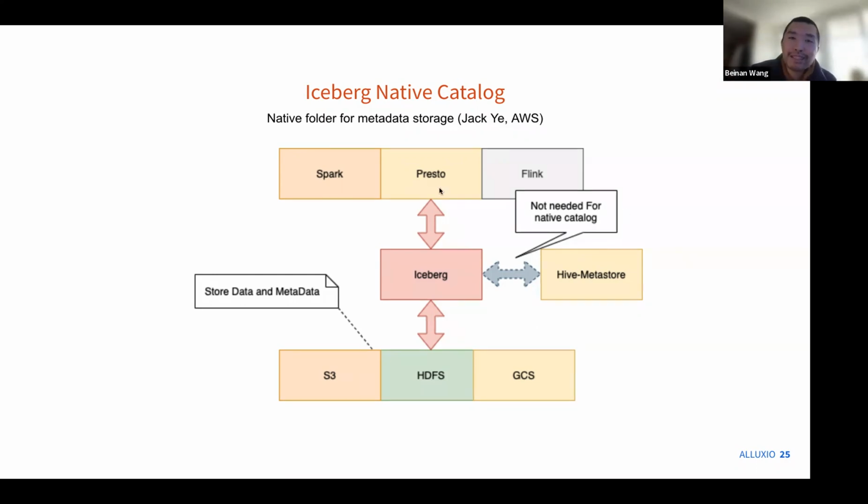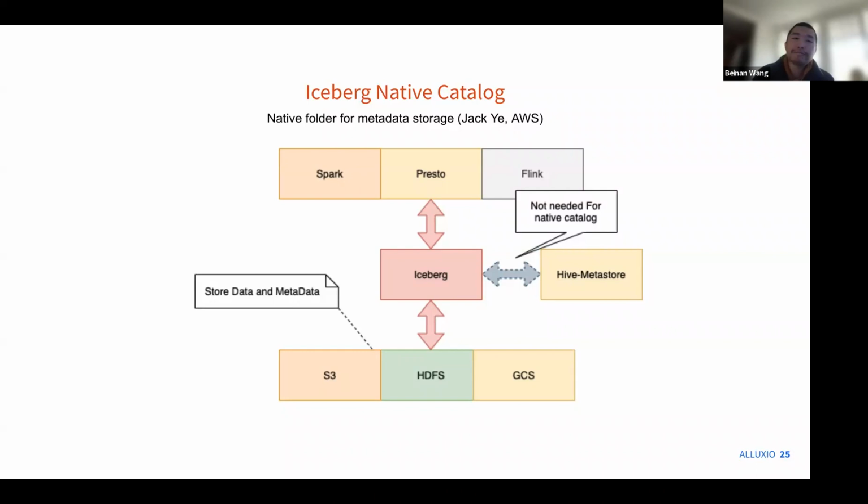So Jack from AWS introduced the Hadoop catalog in PrestoDB. We call it the native catalog. By using this one, we don't need the Hive metastore anymore. We are using just a normal folder. It can be in S3, in HDFS, or in Alluxio. Anywhere is okay, just a storage.